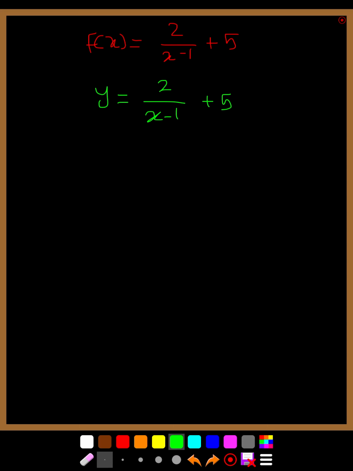What you will do after, okay, replace every y by x and x by y. So x equals 2 over y minus 1 plus 5. Okay, that's good. What you are going to do after, shifting this 5 to the other side, so it will be x minus 5 equals 2 over y minus 1.